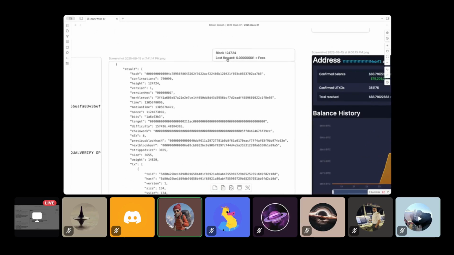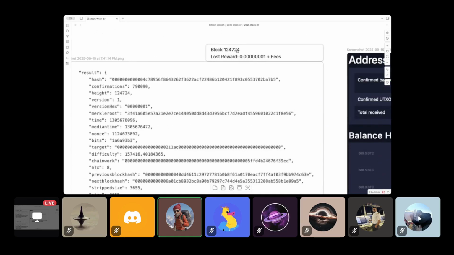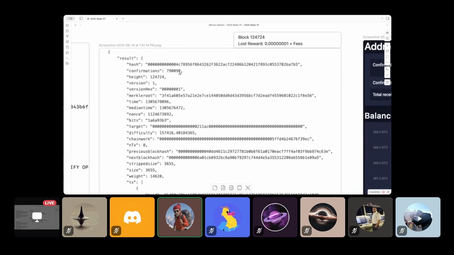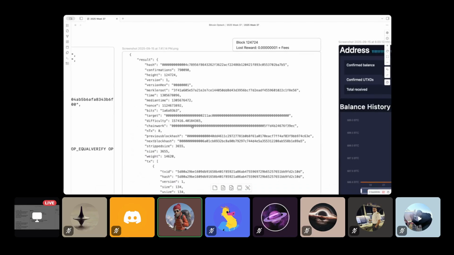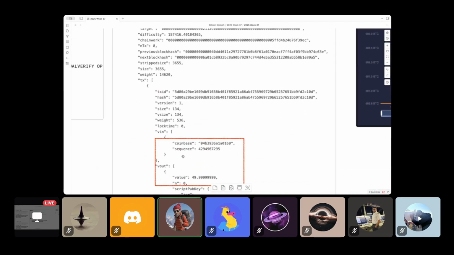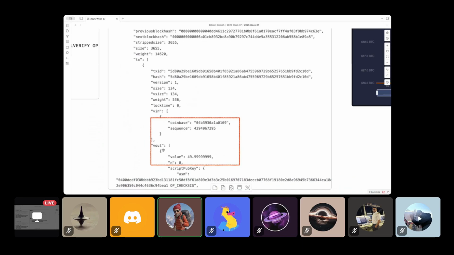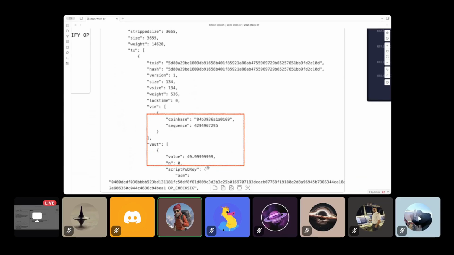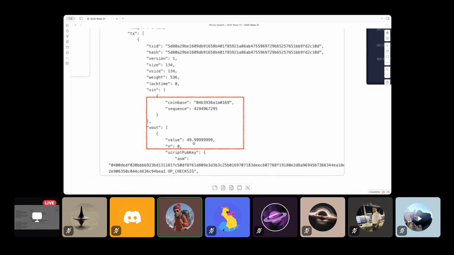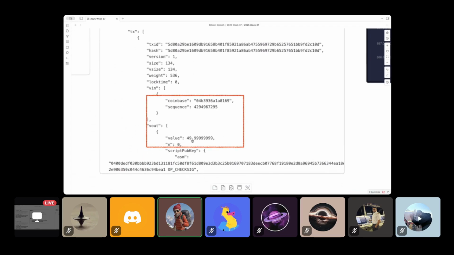And block 124724 is another peculiar case. Here, the miner is entitled to 50 BTC plus whatever transaction fees are there in the block. Of course, the block had some other transactions also, but for some reason the miner only claimed 49 point something.